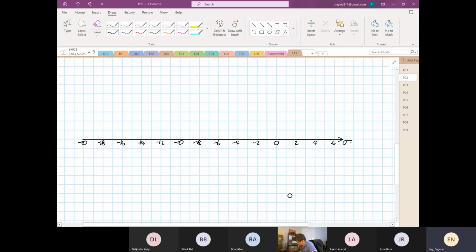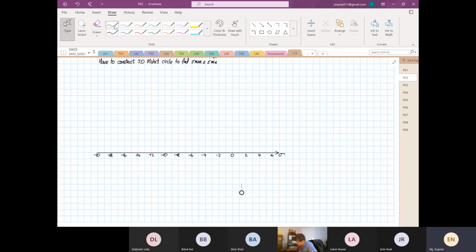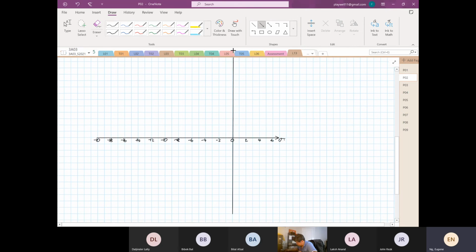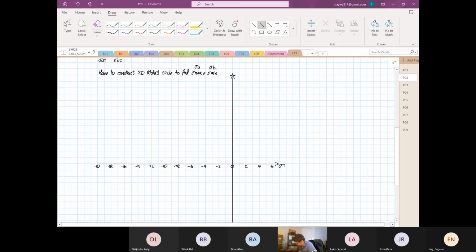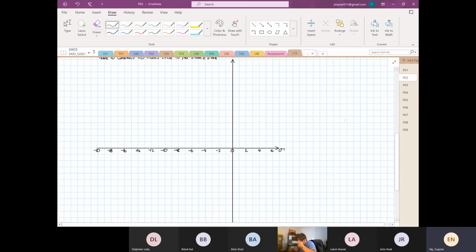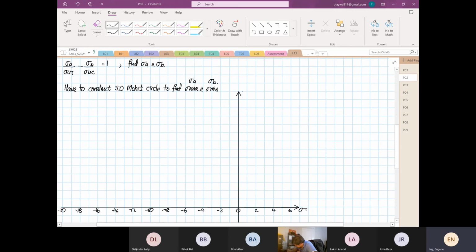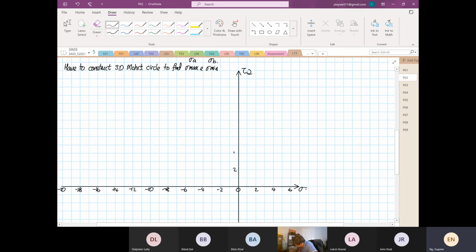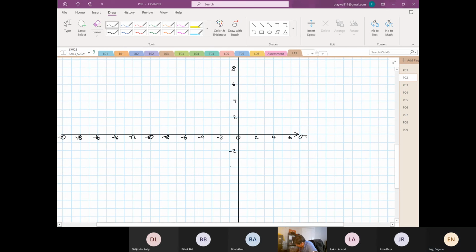Okay, so there is normal stress. Then you have shear stress. Element rotate clockwise. So we have 2, 4, 6, 8, 10, 12, minus 2, minus 4, minus 6, minus 8.